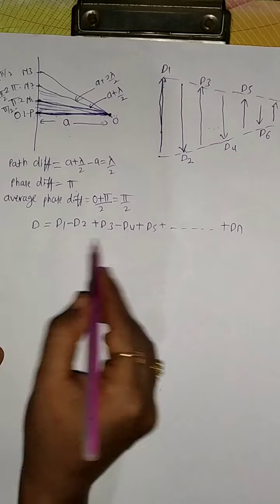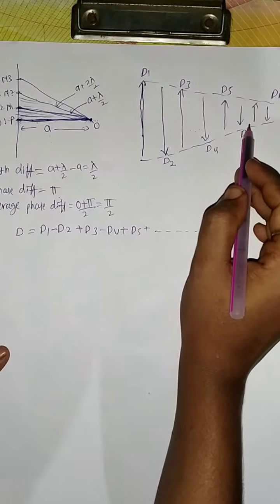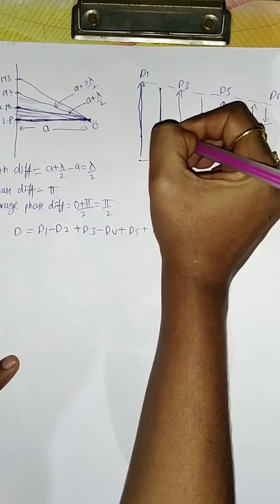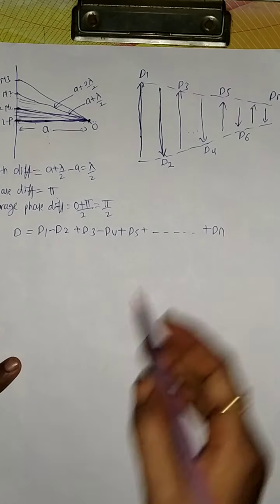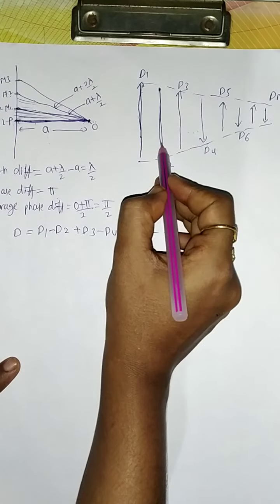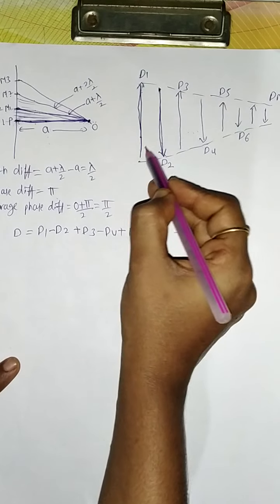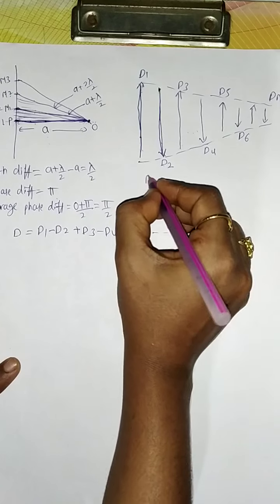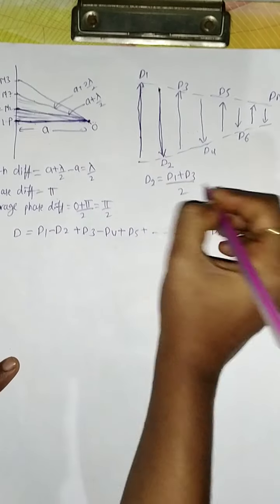So now I'll make a certain rearrangement here. From the figure we will come to know one thing, that D2, we are talking about the magnitude, not a positive or negative direction. When we see the length of this line, it is the average of these two, as it is the middle one. So how can we write the D2 value? We can write D2 as (D1 plus D3) divided by 2.